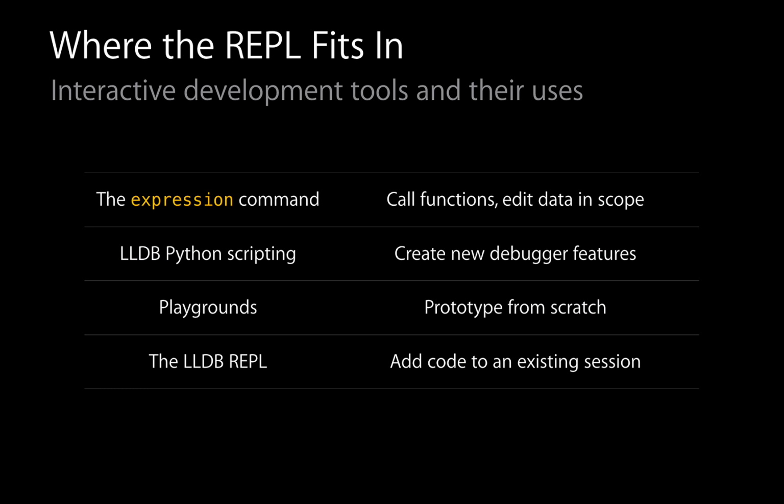I'm not going to tell you too much about that in this session, but it's a great way to create new debugger features and automate your debugging processes. This year, we've added playgrounds, which allow you to prototype entire new algorithms from scratch and learn APIs. And we've also added the lldb REPL. Now, what's the difference between the lldb REPL and playgrounds?